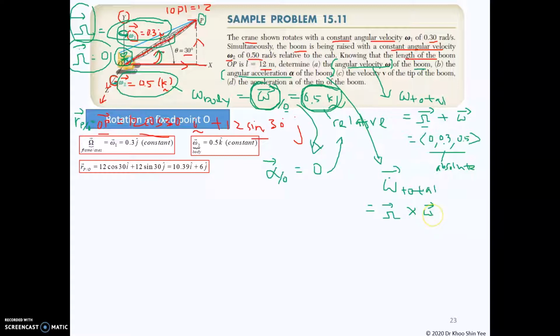For simplicity, we just use the omega body, which is equal to 0.5. So you need to perform the cross product, substitute the Omega inside, which is 0.3j. Other components you have 0, and then you have omega equal to 0.5k.